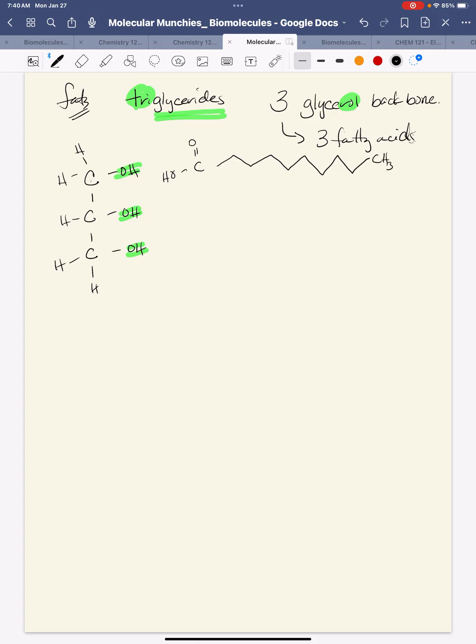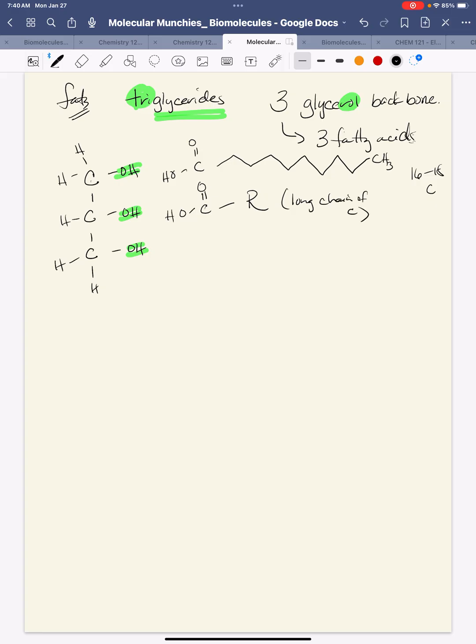And generally speaking, these chains, when we're talking about triglycerides, are 16 to 18 carbons long, so they're very, very long. And often you'll see them written with a chain like this. Let me try it again. For our purposes, when you guys make these, you'll have an R group, meaning there's a long chain of carbons behind it.